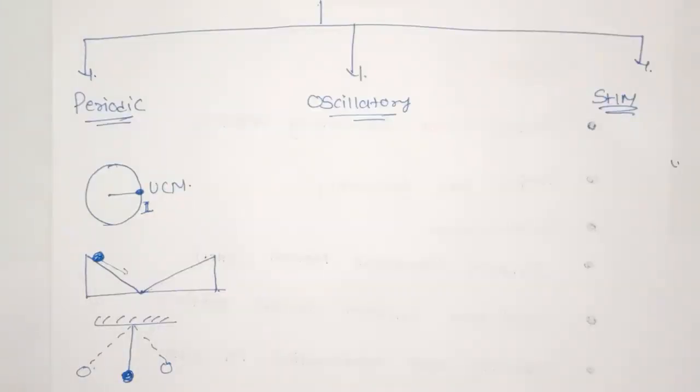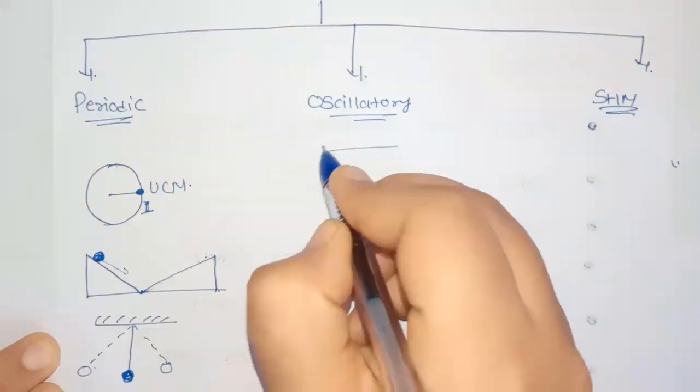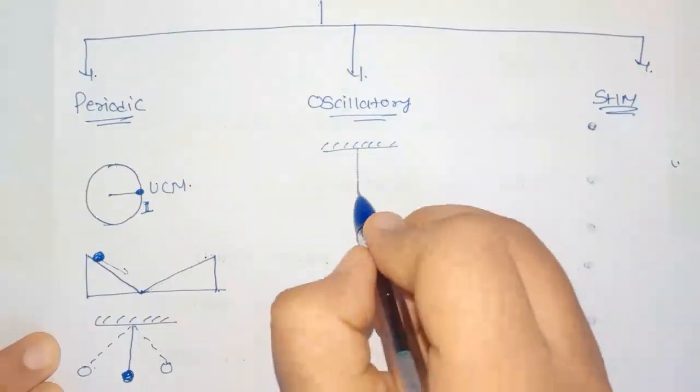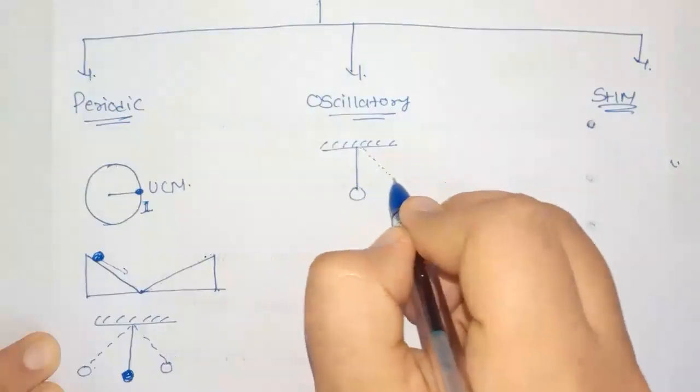Now, what is oscillatory motion? Most of the students always consider periodic motion and oscillatory motion to be the same. But let us see. The motion of a pendulum is called oscillatory motion.